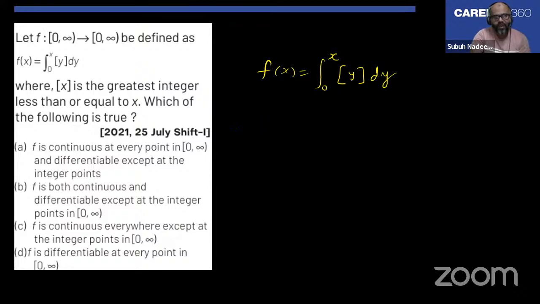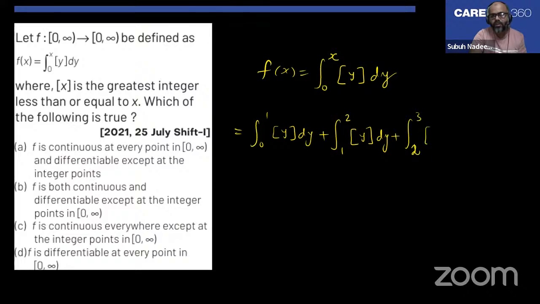So we can take it like this. This is 0 to 1, greatest integer of y dy. Then 1 to 2, greatest integer of y dy. Then 2 to 3, greatest integer of y dy. And it goes like this till we reach the greatest integer of x to x.